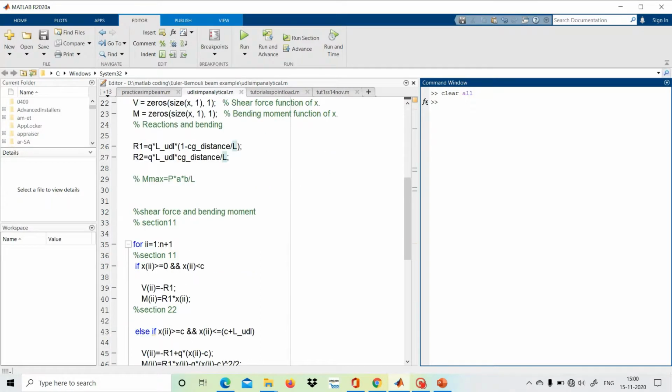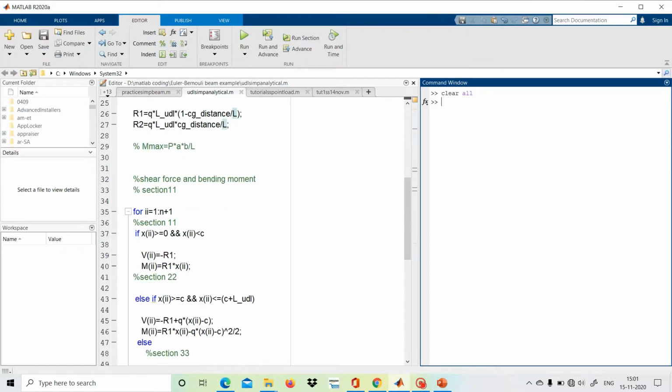Then we apply the loop. For ii equals 1 to n plus 1, if x is greater than or equal to 0 and x is less than C, then the shear force is this value and the bending moment is this value.